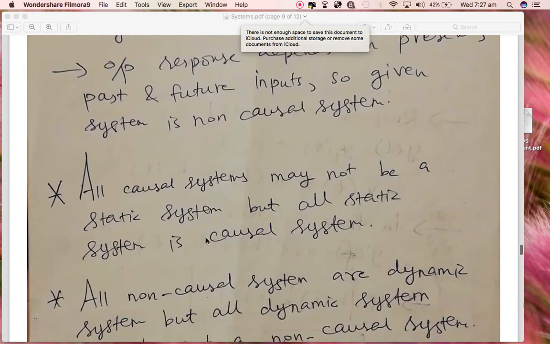So we can see over here that all causal systems may not be static systems, but all static systems are causal systems, because the causal system takes into consideration the present as well as the past values for the calculation of its output, while the static system consists of only the present value of the input for the calculation of the output.